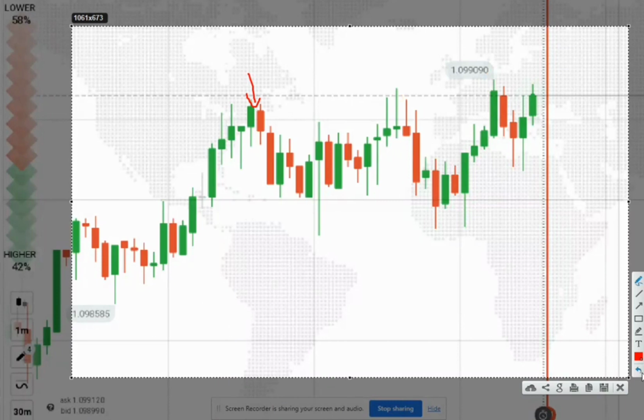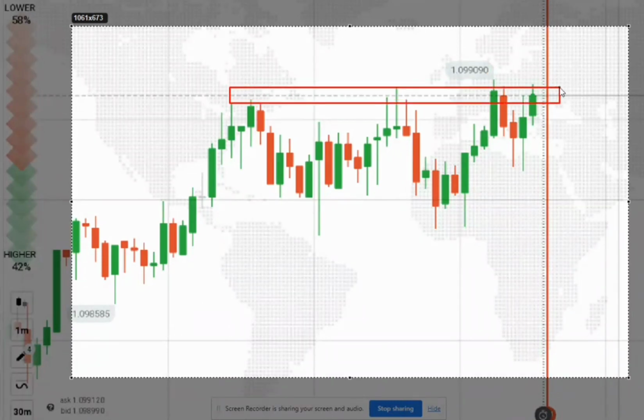So this indicates that these are resistance areas. Now what next? The price is now at the resistance level. We have a rejection, then the market forms one more green candle, then closes exactly at the level, also with a rejection from sellers.